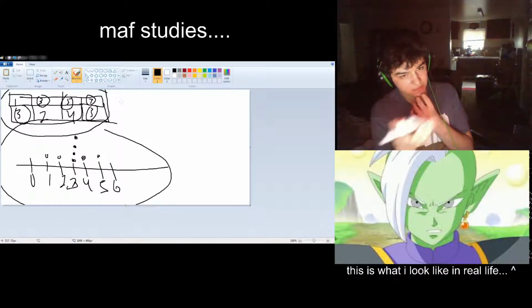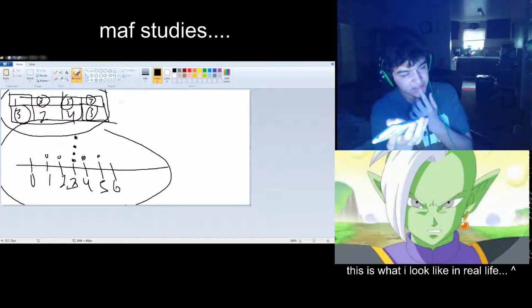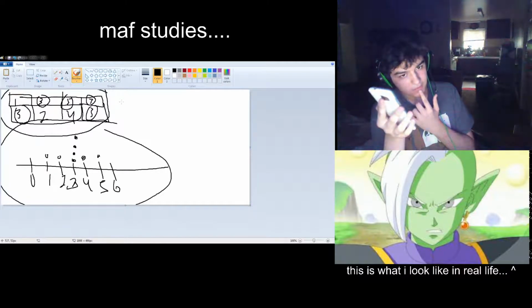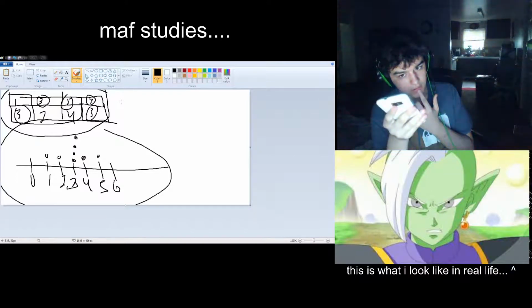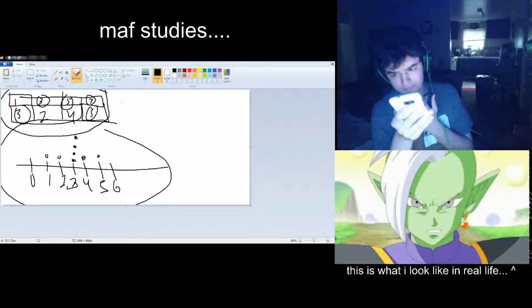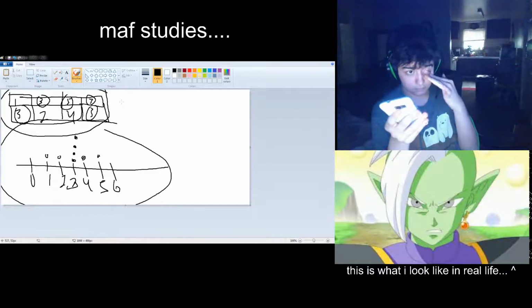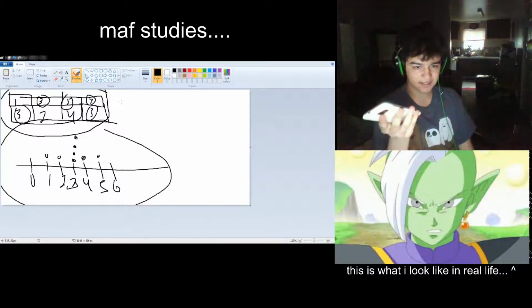What is a measure of center? That's something that they taught you, but they didn't touch on.